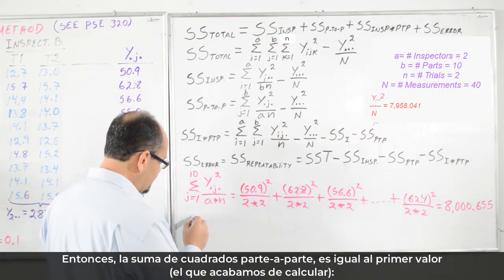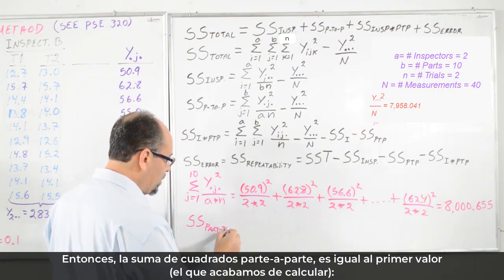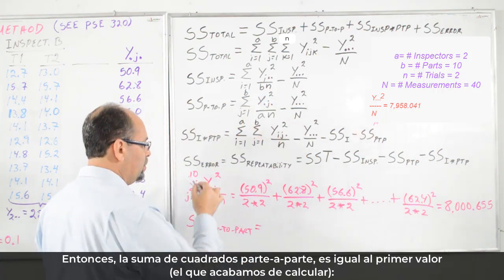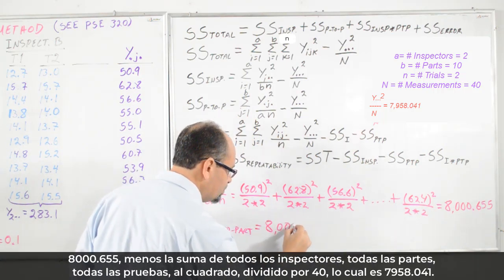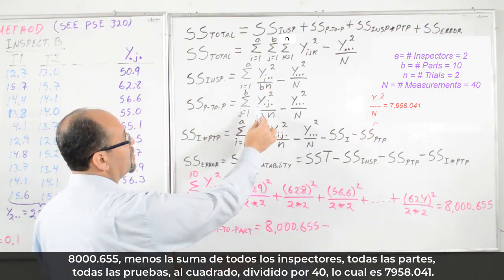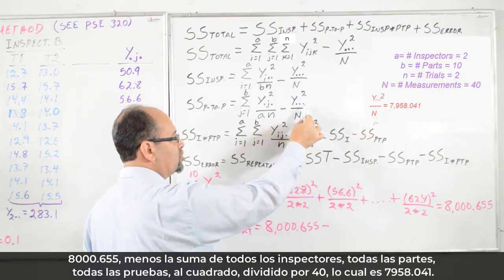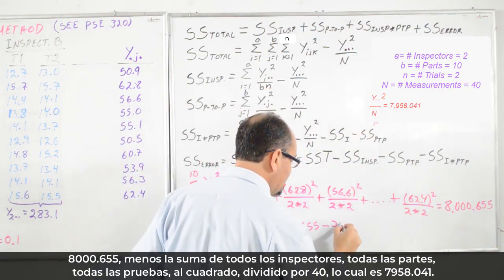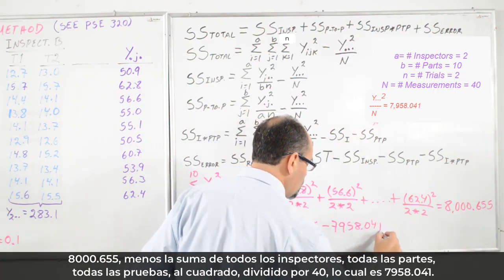And that will be the sum of squares part to part is equal to the first term, which is the one that we have just calculated, 8,000.655, minus all the inspectors, all the parts, all the trials squared divided by 40, which is this term, 7,958.041.